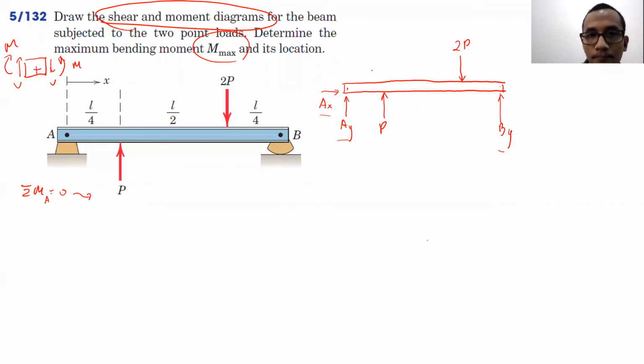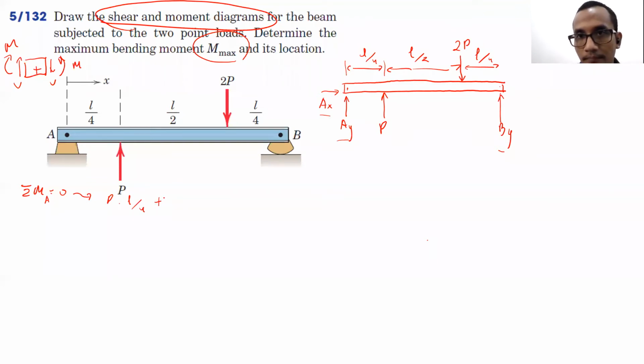So P times L per 4, plus BY times L, minus 2P multiplied by 3/4 of L, equal to 0.